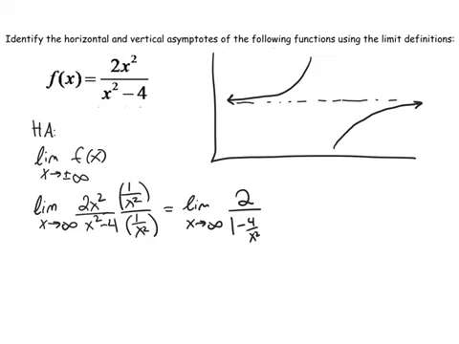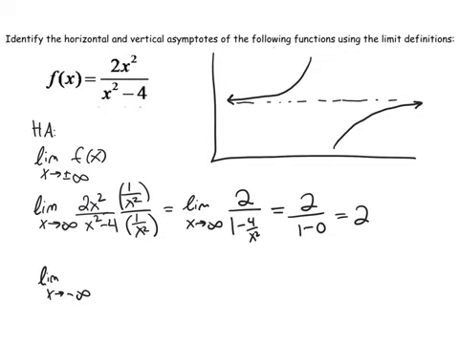So now things become much clearer as to what happens as x goes to positive infinity. Because when x goes to positive infinity, 2 is just 2, 1 is just 1. And as x gets bigger and bigger, 4 over x squared gets closer and closer to 0. So this limit is 2 divided by 1 minus 0, which is 2. And the limit as x approaches negative infinity is the same.